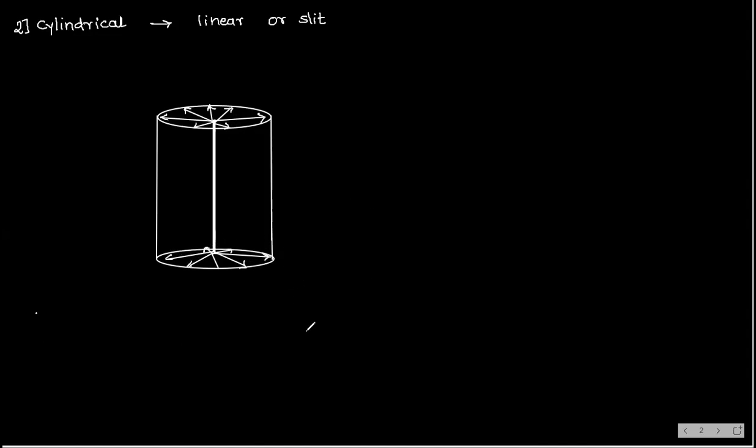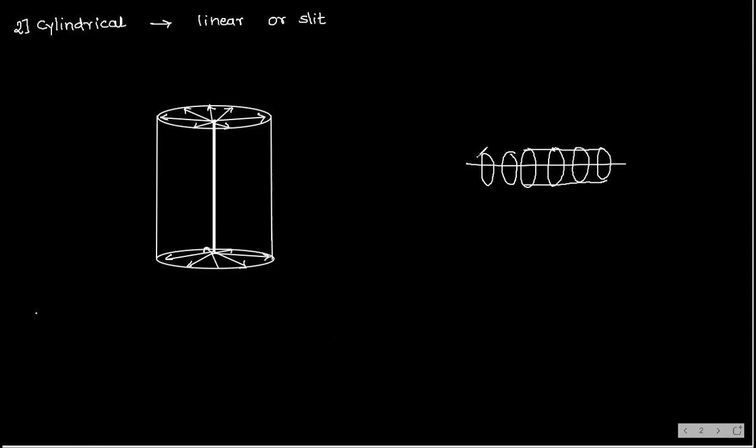Just draw the diagram. Around this tube, assume this is a tube, everywhere around it you get this, and this is nothing but one cylinder.